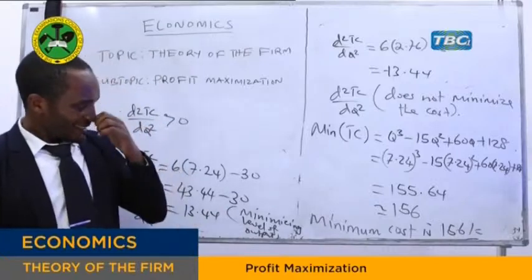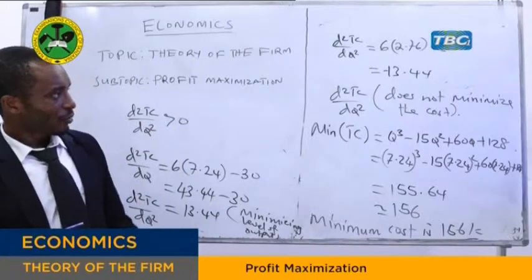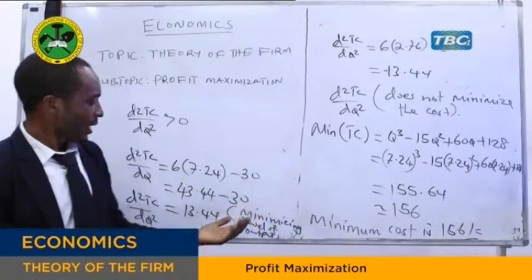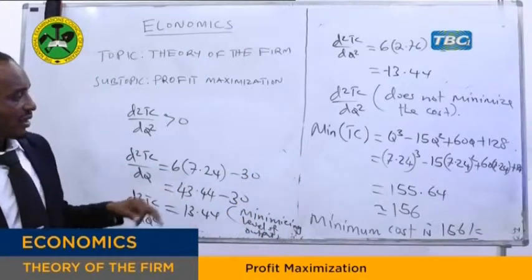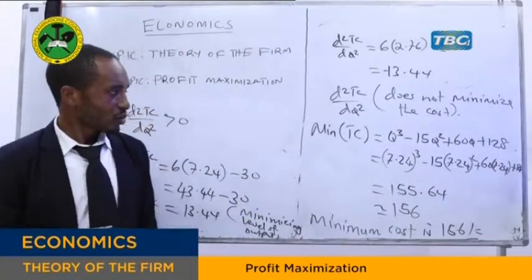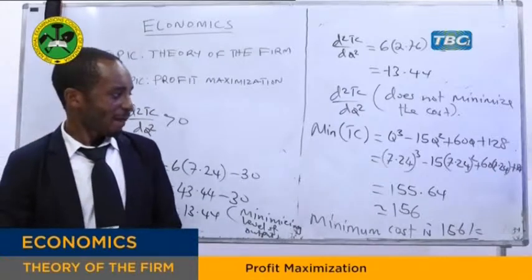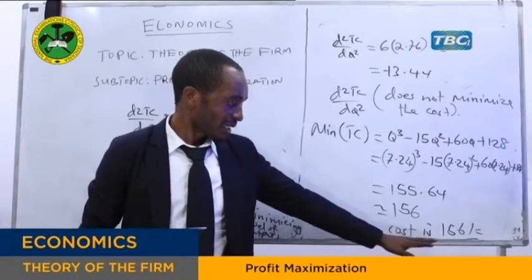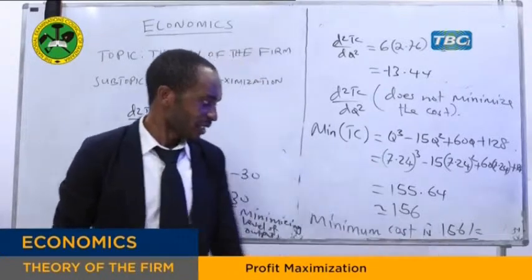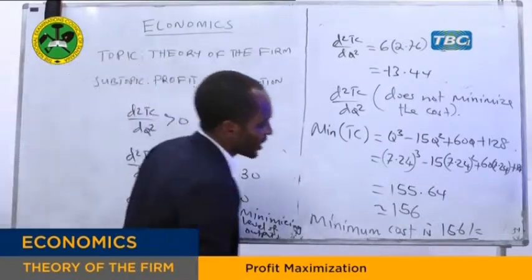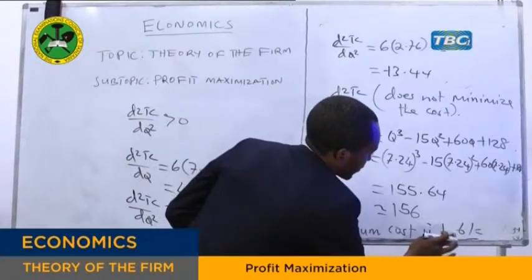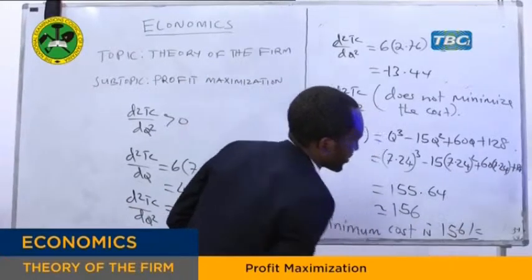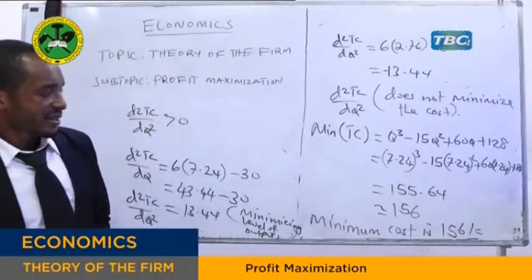You can also try to substitute when the output is 2.76, what will be the cost? In this case, our cost will be this one. So this will be the minimum cost, 156 shillings.